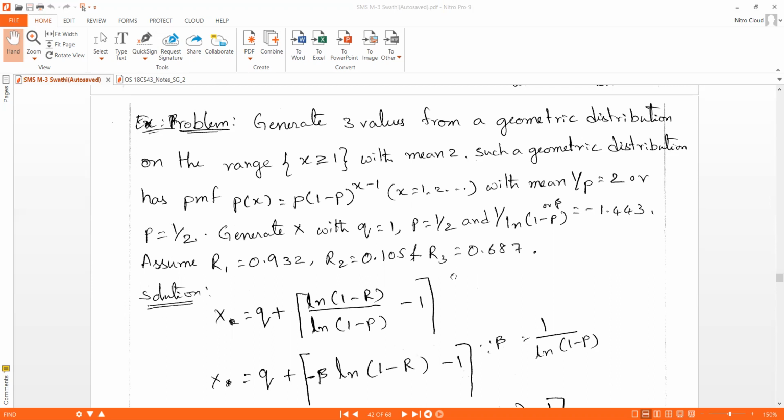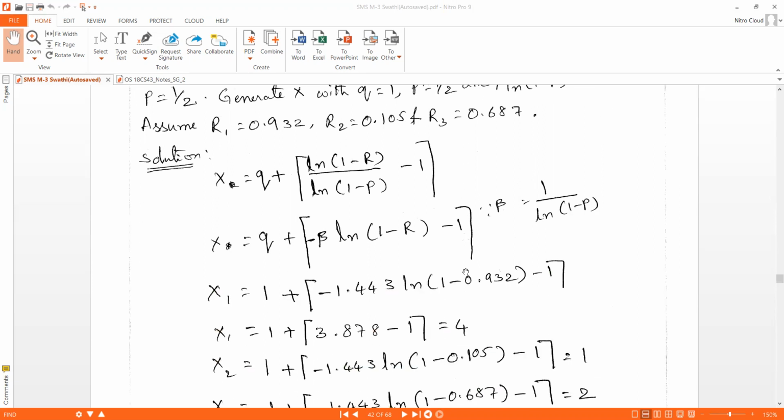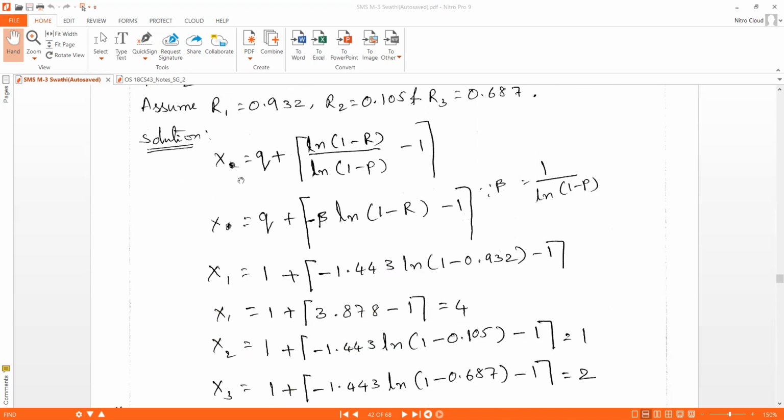So here we have the random numbers, and they are asking us to calculate the random variates. To calculate that, what is the formula? X is equal to Q plus mod of ln of 1 minus r divided by ln of 1 minus p, minus 1. This is the formula to generate the random variate.